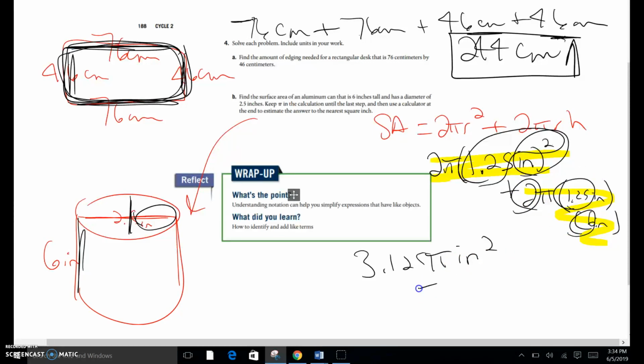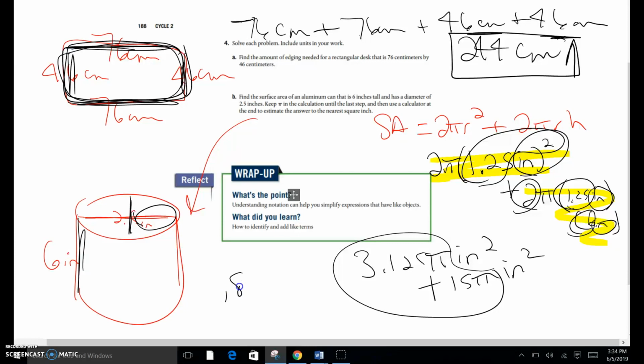Oh, that's going to be exactly 15 pi. And notice inches times inches give me square inches. So now I have the same units, so I can add these. And again, I'm going to add them like a pi, like 2x and 3x. I have 5x if I'm adding. So I'm going to go ahead and add those, and I get 18.125 pi. And then my label is square inches.